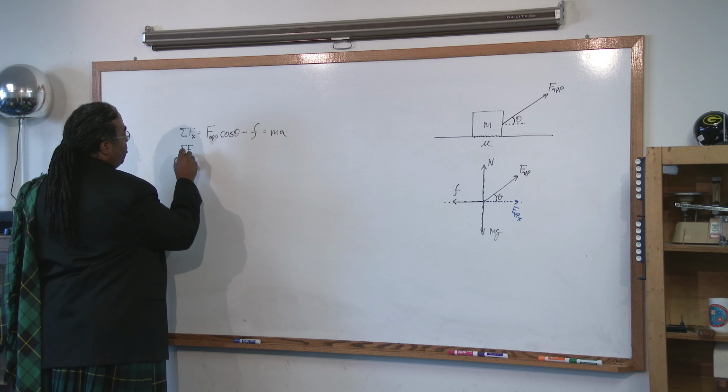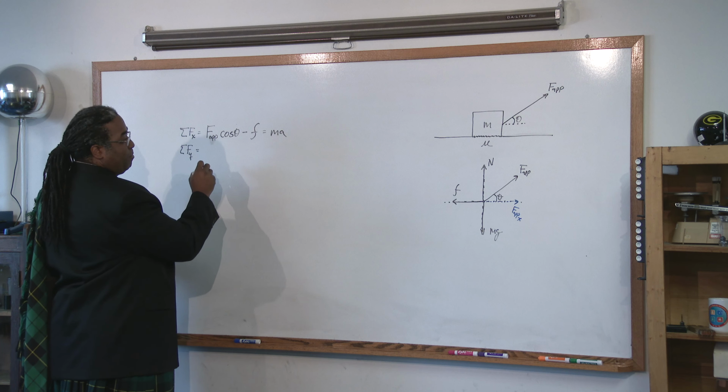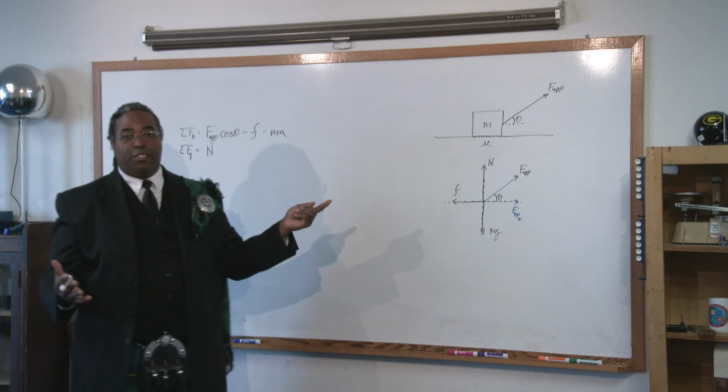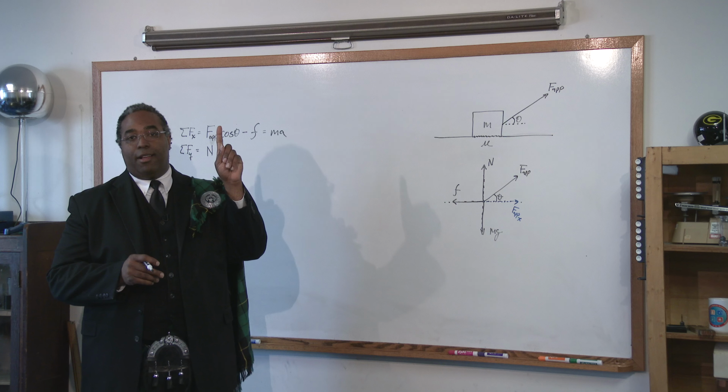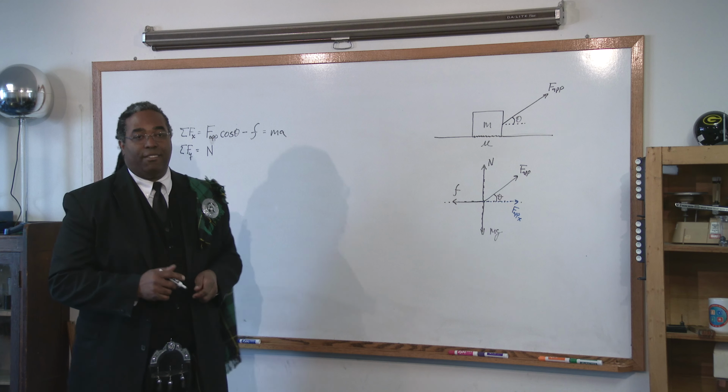So the sum of the forces in the y direction would be the normal force, since it's pointing up. Now, how do you know what forces to put in this equation? Well, any arrows that are pointing up, that's a positive force. Any forces pointing down, that's a negative force.